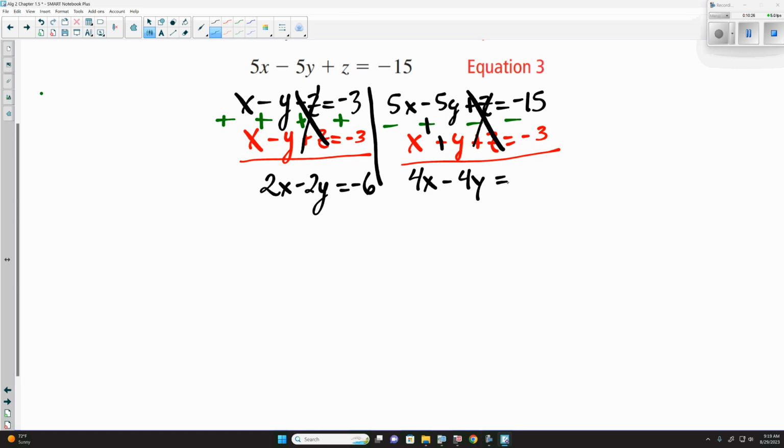Negative 15 minus negative 3. Negative 12. Yeah. It is very tempting to say 18, because if we were adding negative 15 and negative 3, then it would be negative 18. But because of the subtraction in that second negative, it switches it the other way.